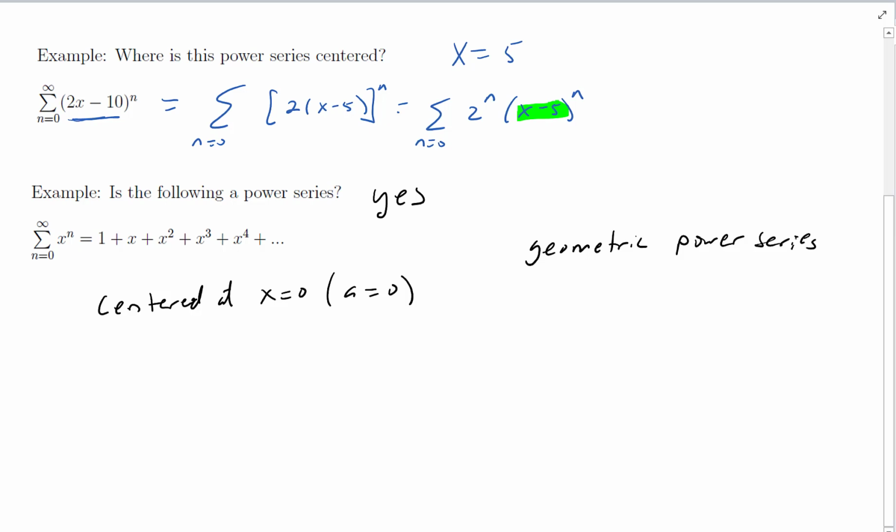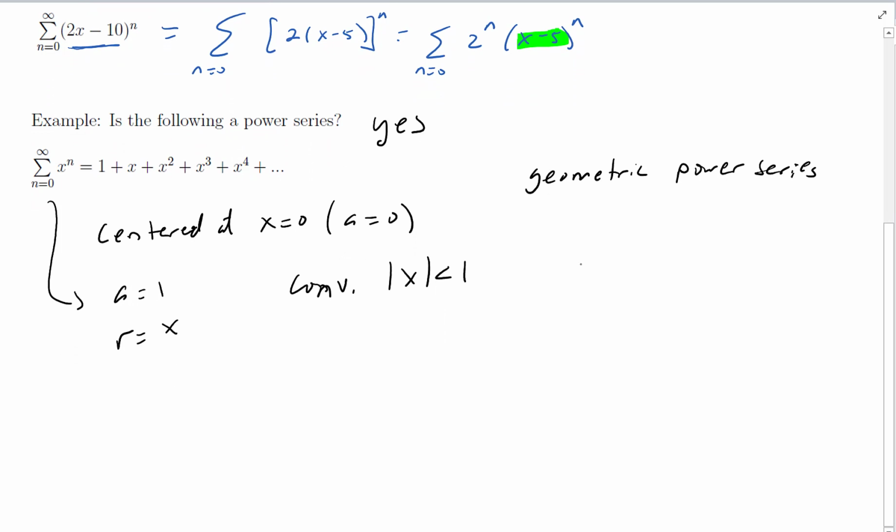power series. Now, when we deal with power series, they always have a variable in it. Okay, so in other words, there's an x. Now, being a geometric power series, you can tell me some things about it. So in other words, we know that a is equal to 1, and we know our r value is x. We know it'll converge if the absolute value of x is less than 1.